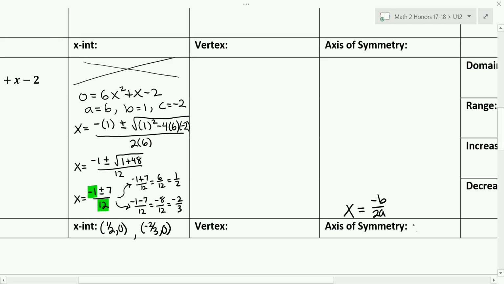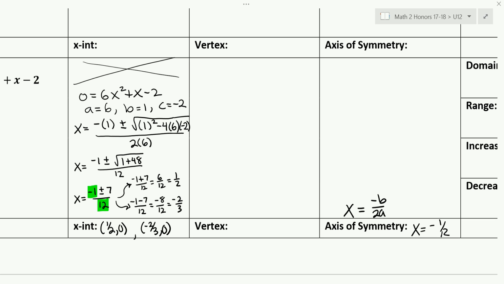How did we used to find the axis of symmetry before when we had the x-intercepts? You remember what we did? If you knew it was 1/2 and negative 2/3, what would you do with those to get the center? Add them and divide by 2. And if you do that, you'll still get the negative 1/12. So I'm giving you another option.